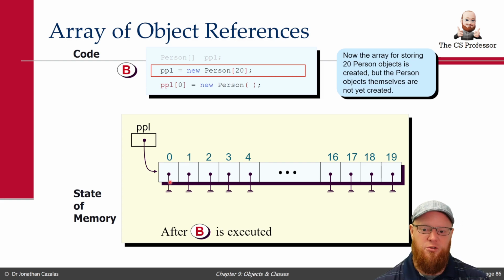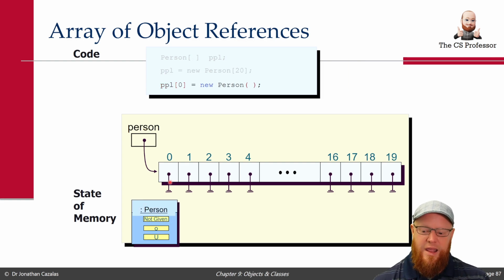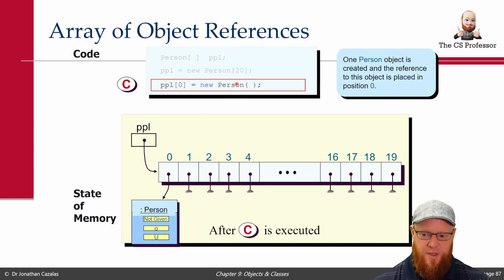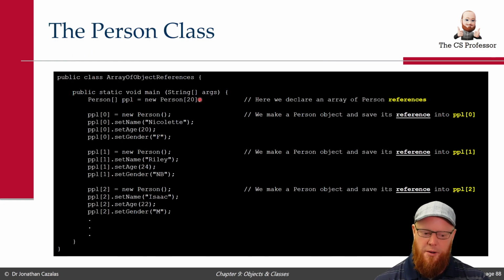No objects have been created. We have an array of person references is the word. We've made an array of person references of size 20, and every reference points to null. Here, we've made a new person object, and we've saved it into index 0. I can make another object of person and save it into index 1, index 2, and so on.